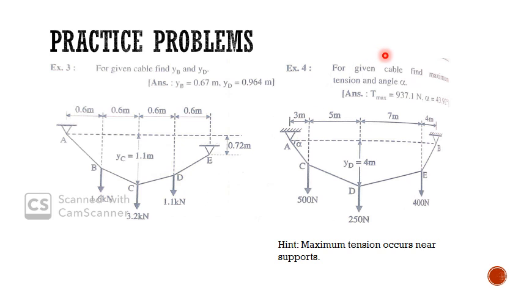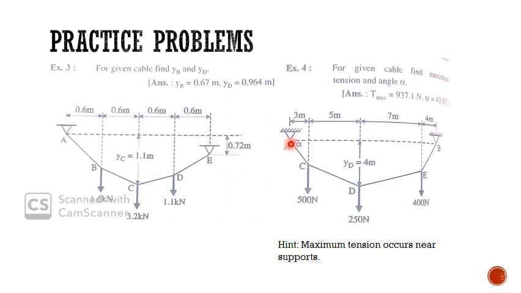Now this second problem: for the given cable, find the maximum tension and angle alpha. Here the maximum tension is asked, and the hint is that the maximum tension occurs near the support. So by the regular method you find the support reactions. After finding them, whichever support reaction is maximum will be the maximum tension.